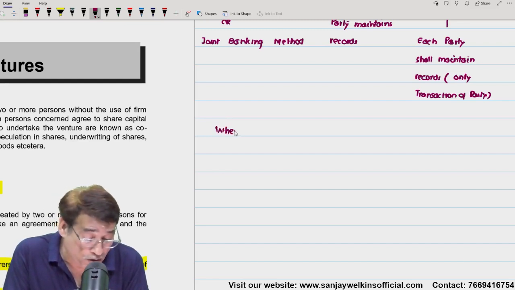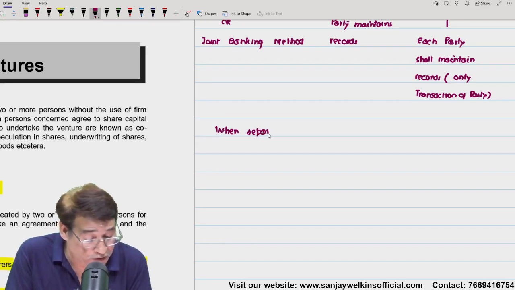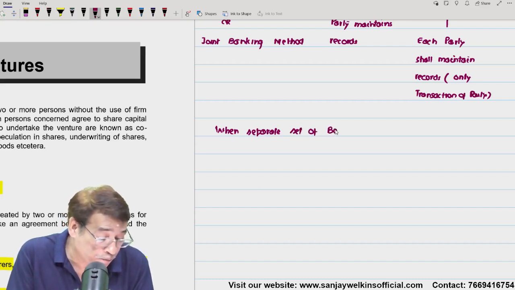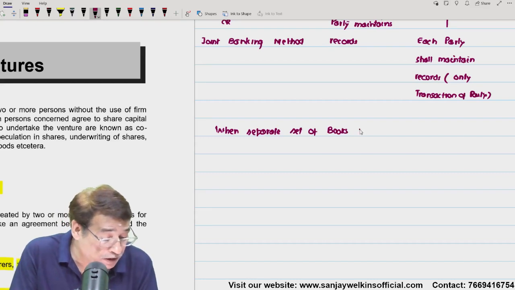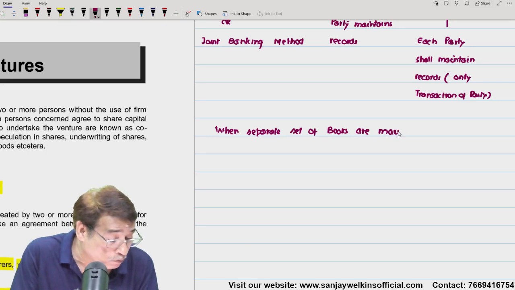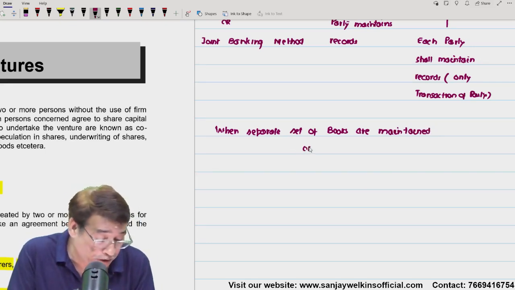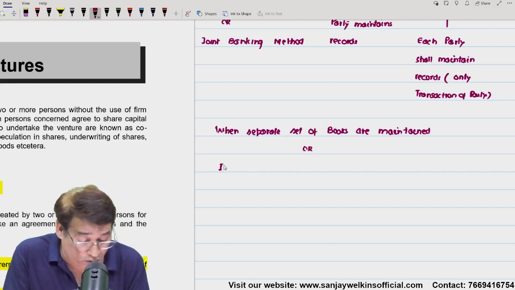When separate sets of books are maintained, as I told you, it is also known as joint banking method.